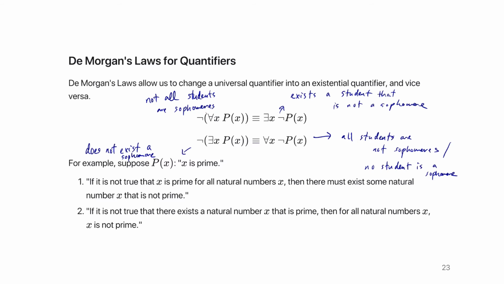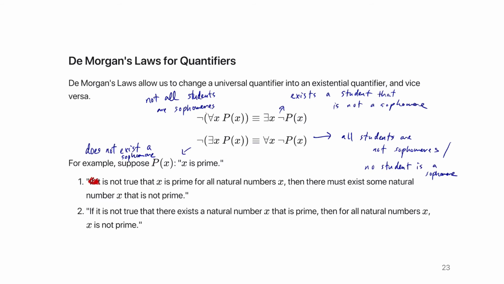The second one is saying if it's not true that there exists a natural number x that's prime, then all x that are natural numbers are not prime. Okay? And really, I shouldn't be writing it as if and then, because that makes it seem like it's implication. What I should be writing is these two things are equivalent.